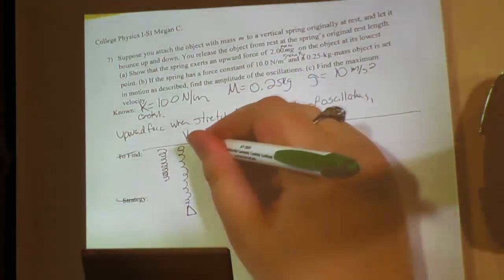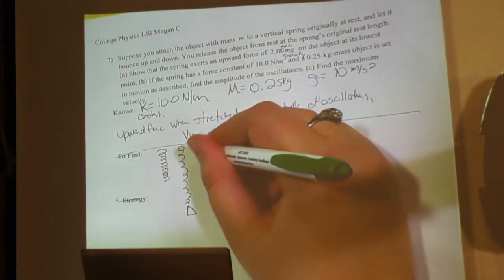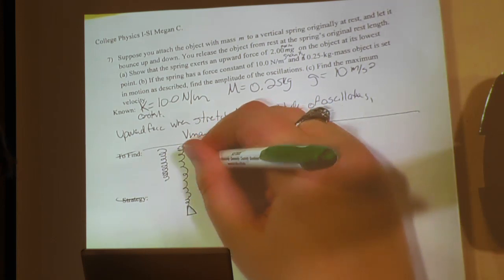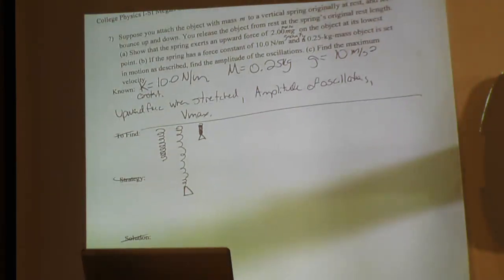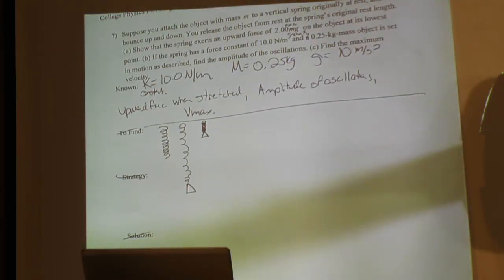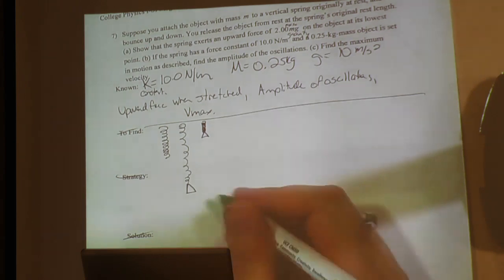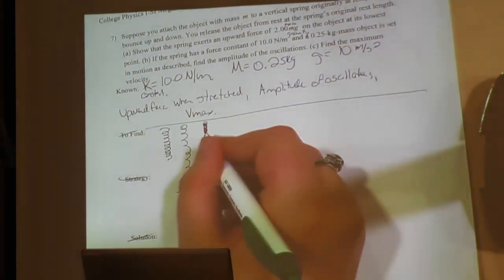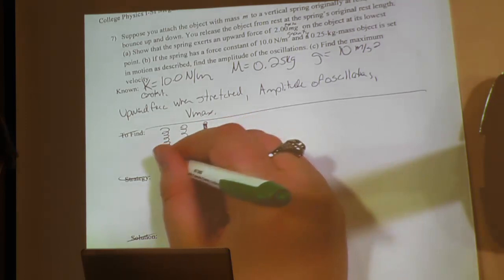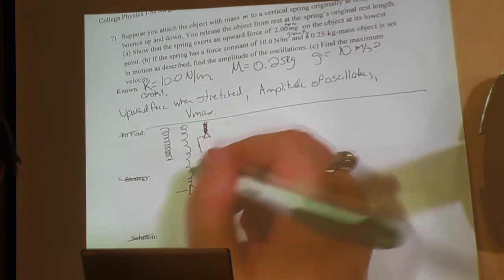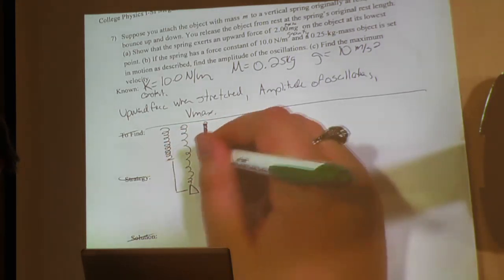So it'll have some point of very scrunched up spring. Looks like that, basically, right? So remember, this is simple harmonic motion. So we should have an equal distance between this and the resting point. This is not drawn to scale, but those two values right there should be about the same, okay?